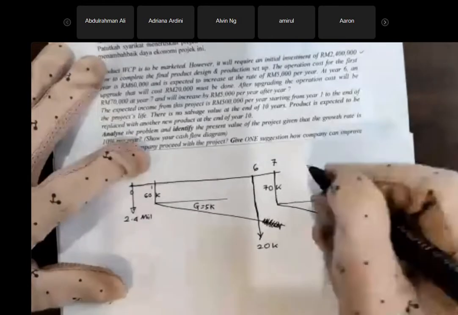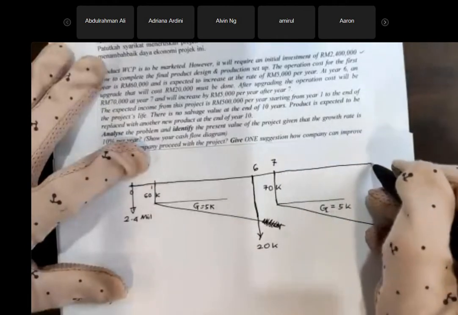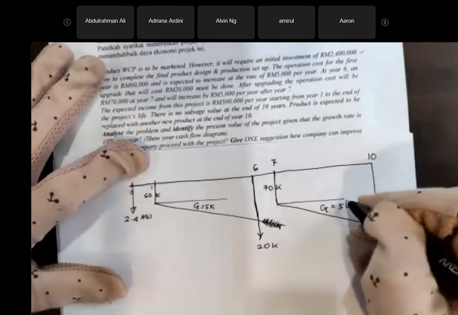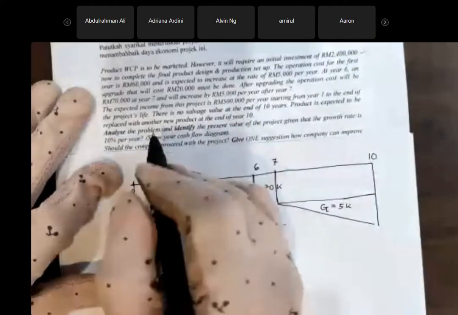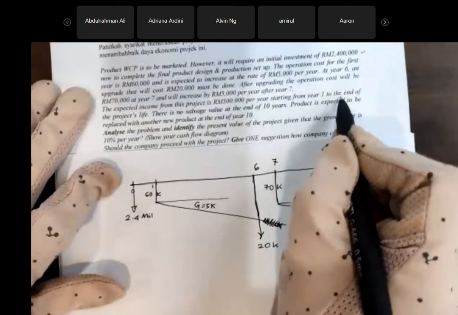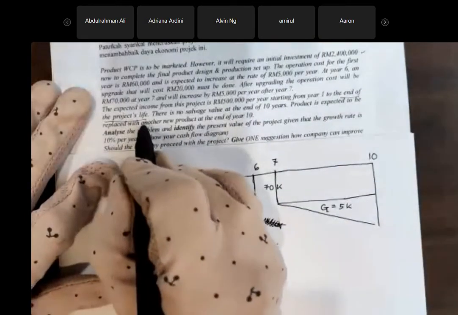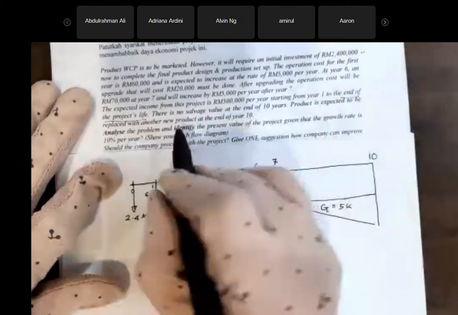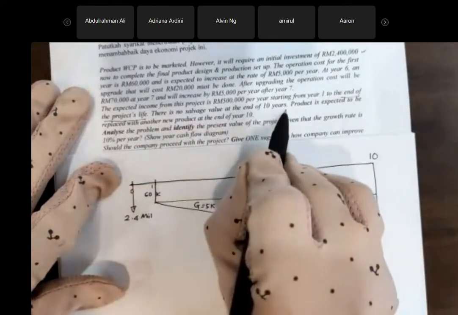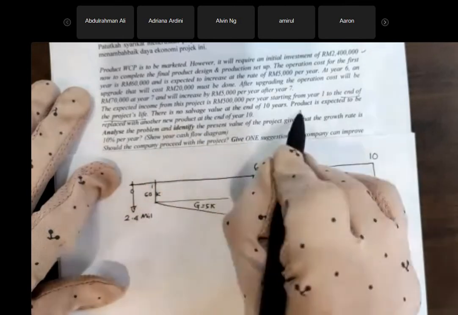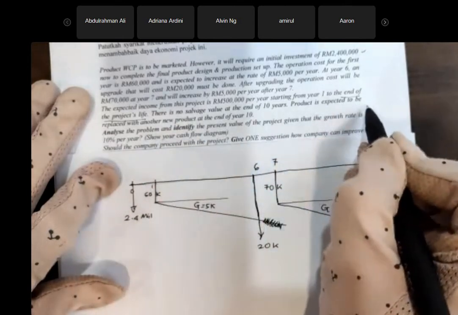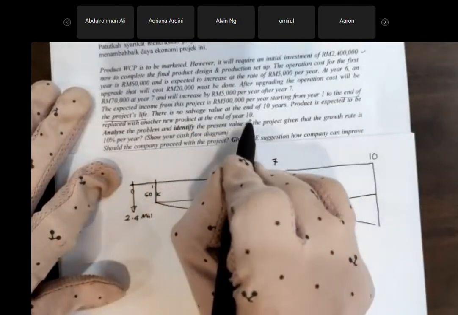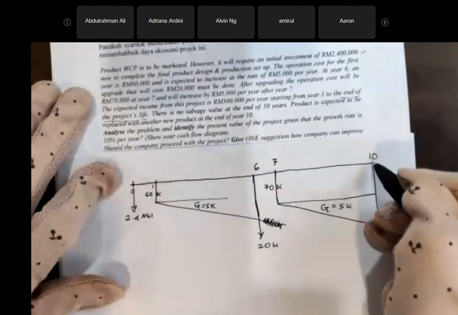Even though it mentioned the end of the project life, which could suggest infinity, here is another sentence that the product is expected to be replaced at the end of year 10. So that means the end of life is year 10.